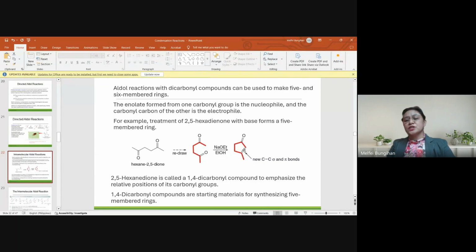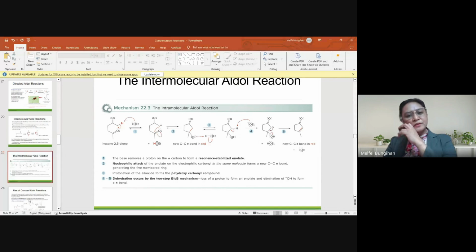Then dehydration removes the OH and forms your alpha beta unsaturated ketone. Looking at the mechanism, your base, sodium ethoxide, abstracts the alpha hydrogen. This is the most accessible one, and thus it becomes your enolate, which attacks your carbonyl. Redrawing it gives the proximity between the enolate and the electrophile.